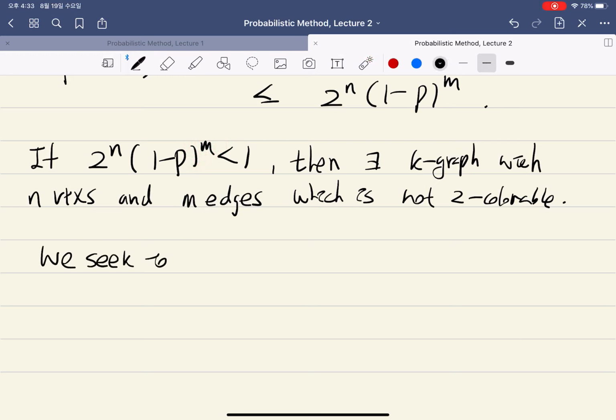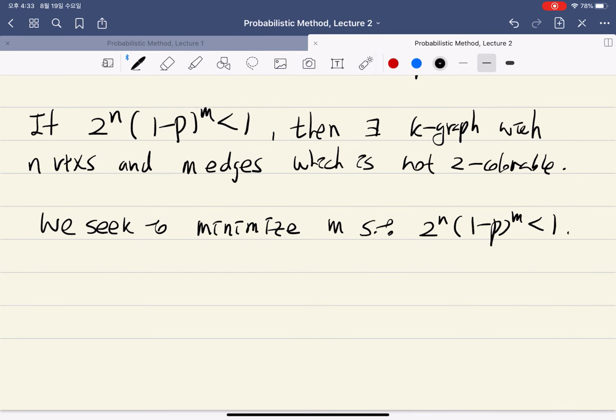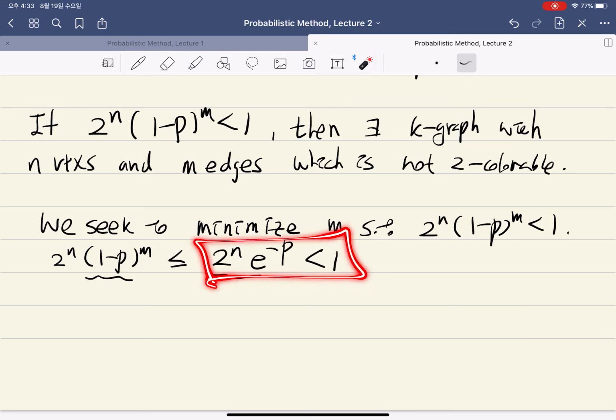We seek to minimize m such that this holds. Again, this expression is not so good, but as long as we can ensure that this inequality holds, then this follows.